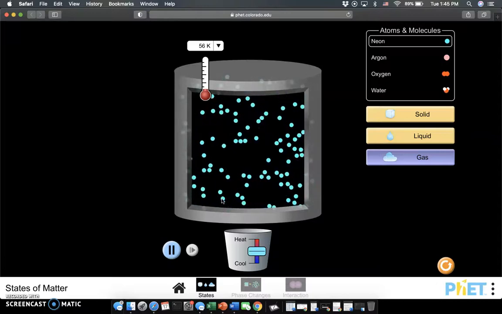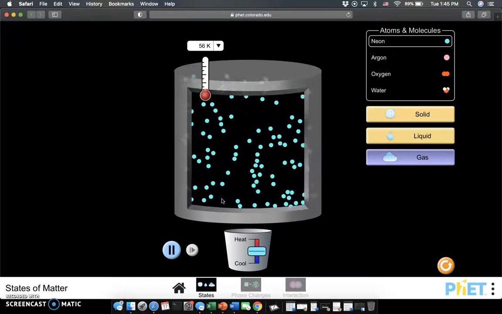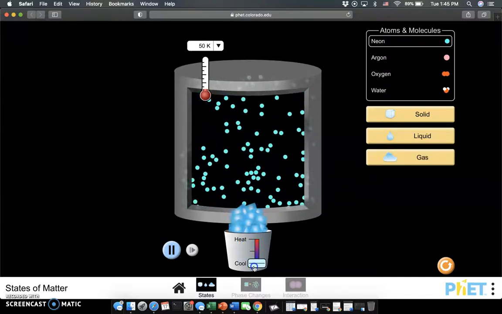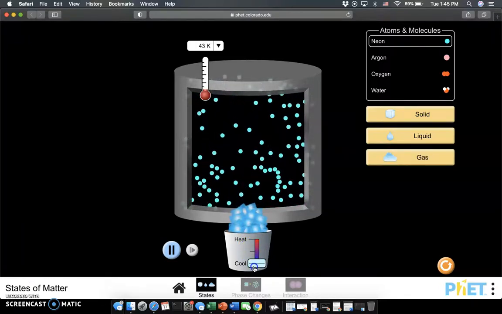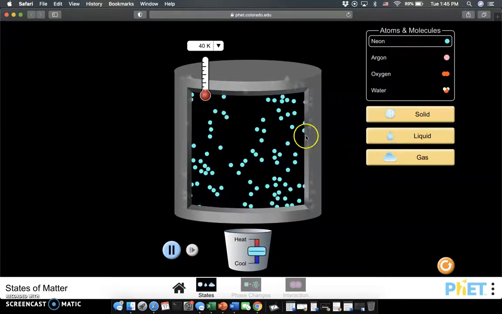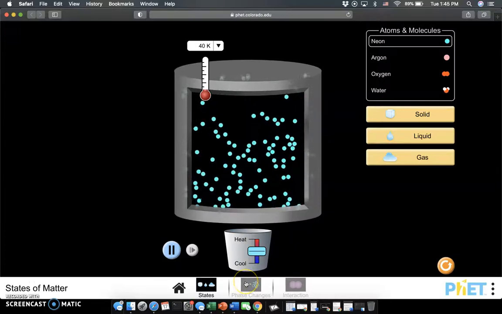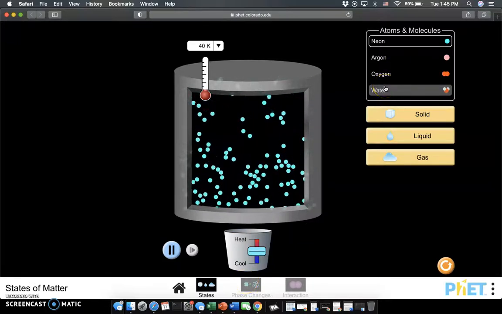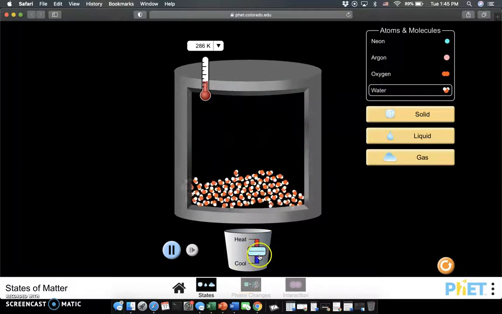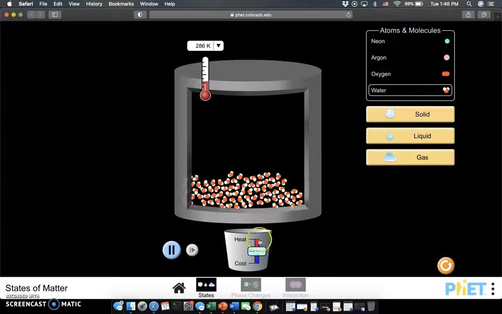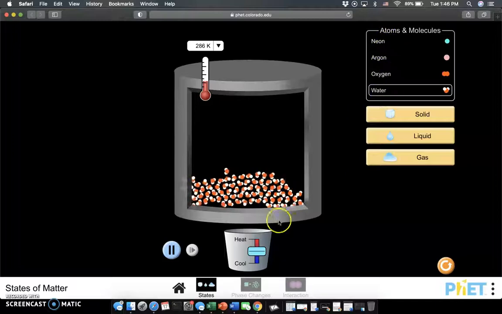So you're going to kind of explore this in your lab and kind of play with what happens when you maybe cool the system down or when you heat it up. Just kind of observing a few things, what happens. That's going to be with a lot of your looking at different atoms and molecules.